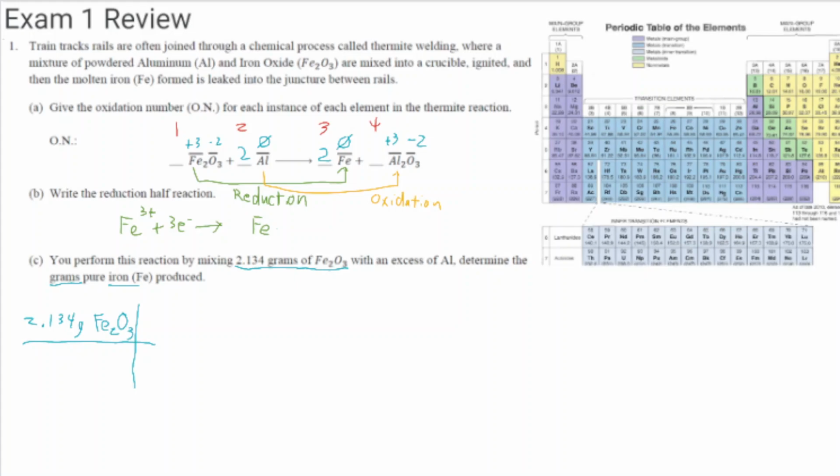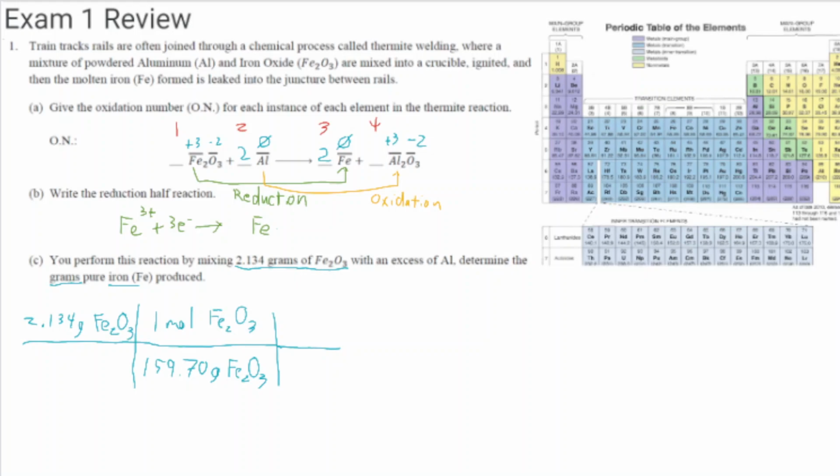If you do that, you'll determine that the molar mass is 159.7 grams of iron 2 oxide, and that is equal to 1 mole of iron 2 oxide. And I highly recommend that every time you calculate molar mass, you just do it for 1 mole.